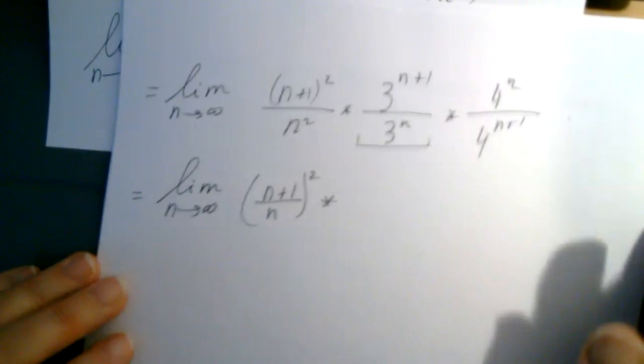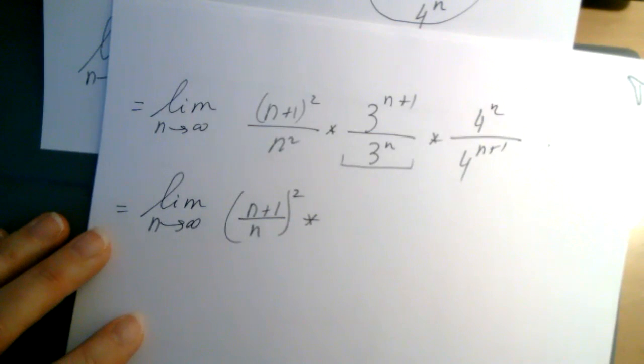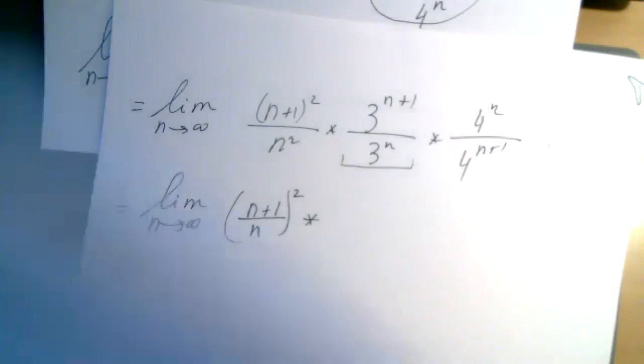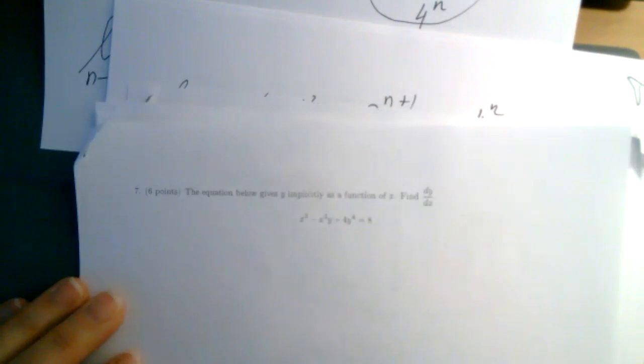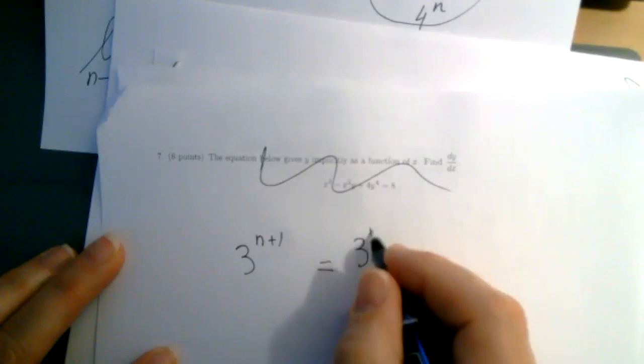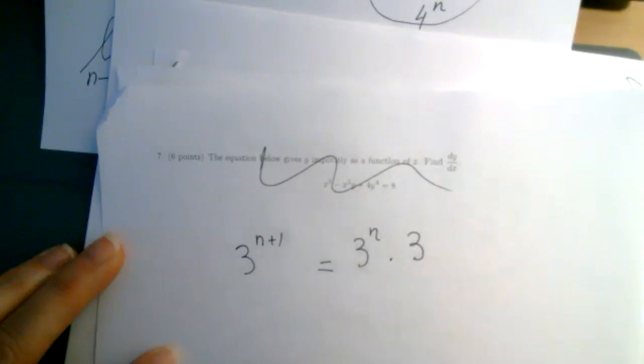You can think about 3 to the n plus 1 over 3 to the n two ways. 3 to the n plus 1, I can write one way as 3 to the n times 3.